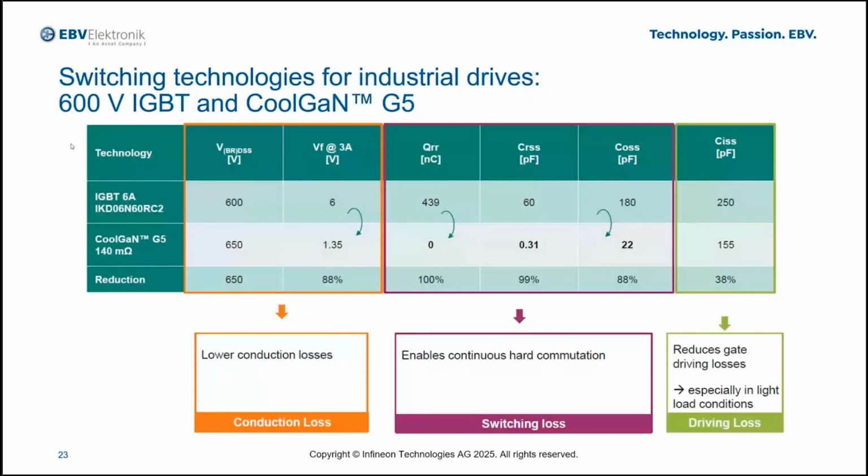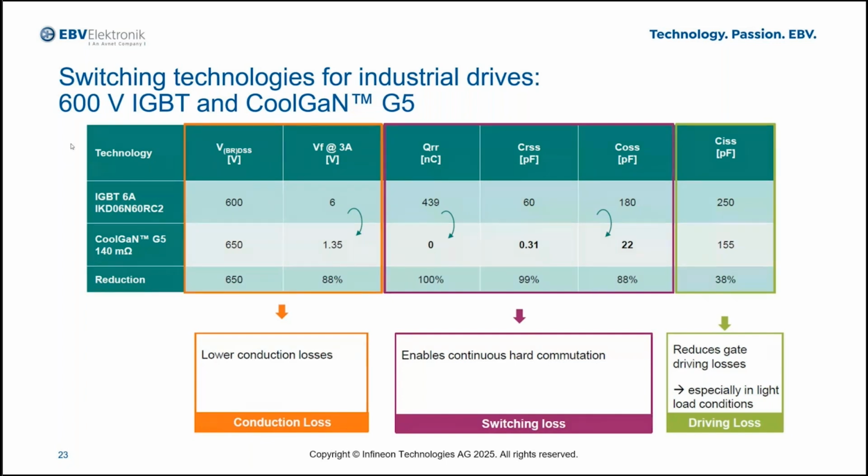Let's see a comparison. It's not only just about words, but in general, we can see a comparison with 600 volt IGBTs and the latest CoolGaN Gen 5 products. From the breakdown voltage, but also from the forward voltage of the diode compared to a reverse conducting IGBT typically used in white good applications, you see how the conduction losses are much lower, and of course the switching losses are even lower in comparison, which enables a continuous hard commutation because you don't have QRR, and as we said, the output capacitance is linear.